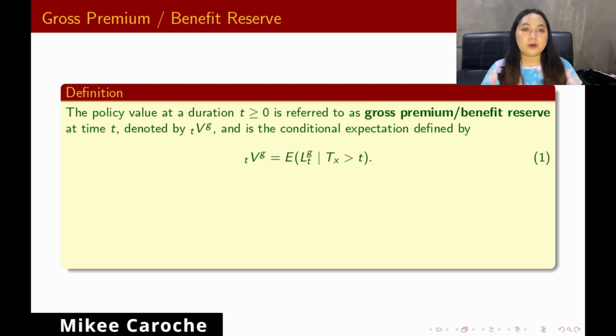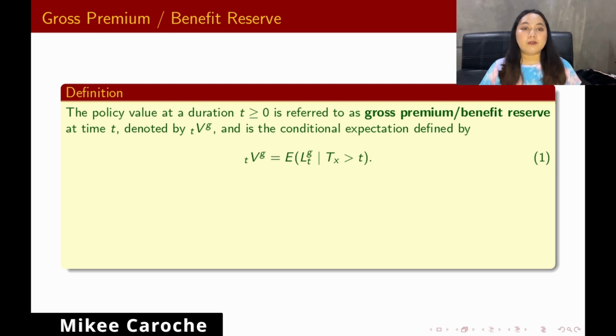Let's begin with the gross premium or benefit reserve, which we denote as this equation. This is simply the policy value at time t, and we can read this as the gross reserve at time t. It's what we need to calculate to see if the policy is sufficiently funded, or if the premiums are enough to cover all future benefits and expenses, which is a generalization of the policy values at any time t greater than or equal to 0.